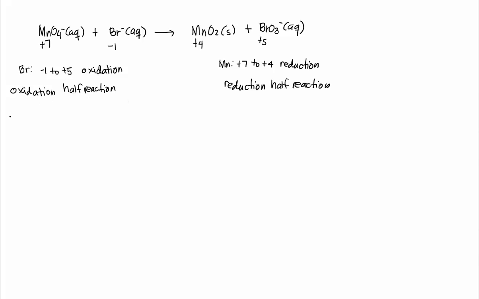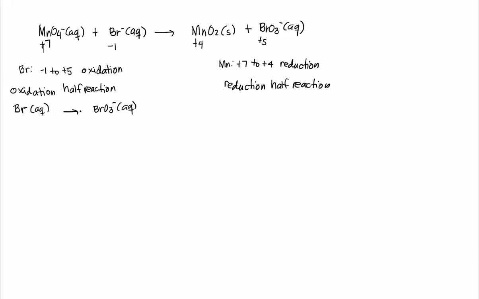Oxidation is bromine. Bromine on the left side is Br negative. Bromine on the right side is BrO3 negative. Okay. Bromine is already balanced.